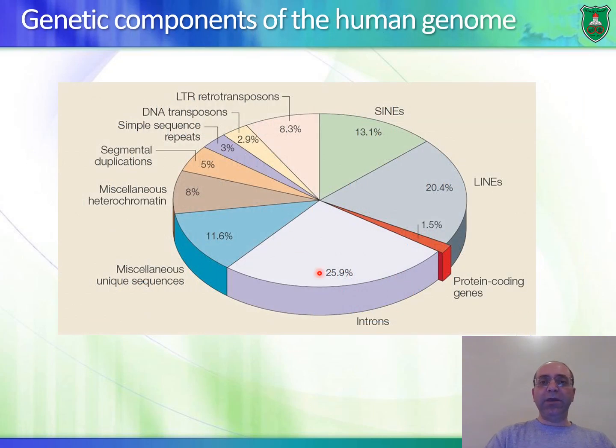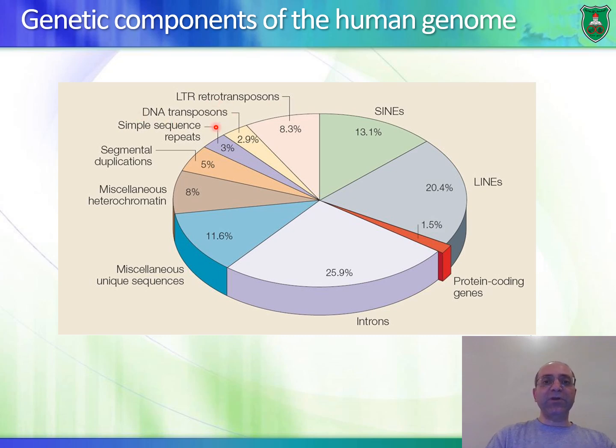Now, this is a new pie chart showing the different components of the human genome. Introns make up about 1/4 of the human genome. The protein-coding genes are about 1.5% only. You have LINEs and SINEs, and we have other types of retrotransposons, the retroviral-like transposons or regions.